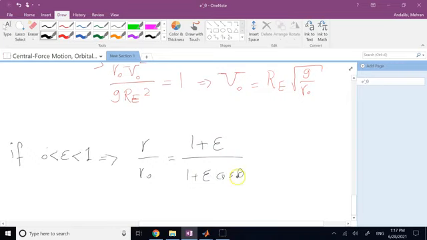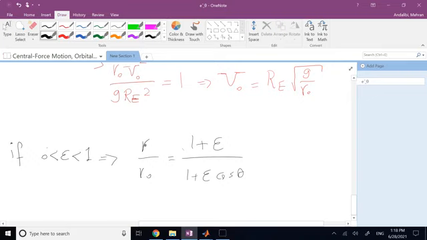So for example, when theta is 0 or 2 pi, r and r naught are the same. When theta is pi, this is going to be 1 plus epsilon over 1 minus epsilon. That's where your numerator is the largest relative to your denominator, the smallest, and that means this ratio is the largest, which means your r is the largest.